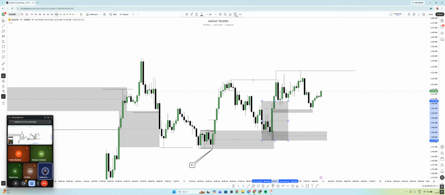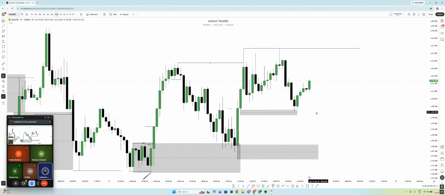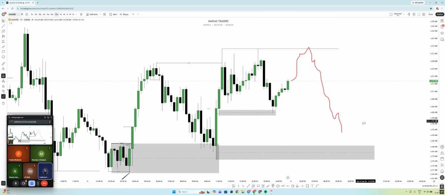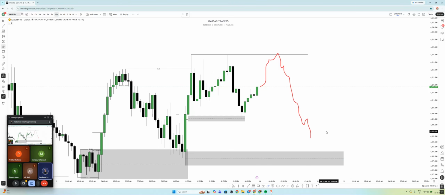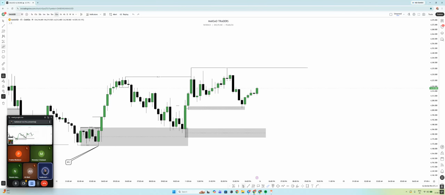And if you're only waiting for the perfect entry, then it may be that the market goes up and then it will go down to this hidden POI till here, and then if it gives you any confirmation, then you can long again. But I don't think it will come here again.